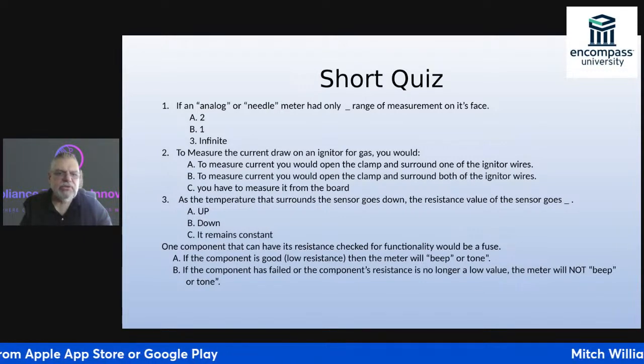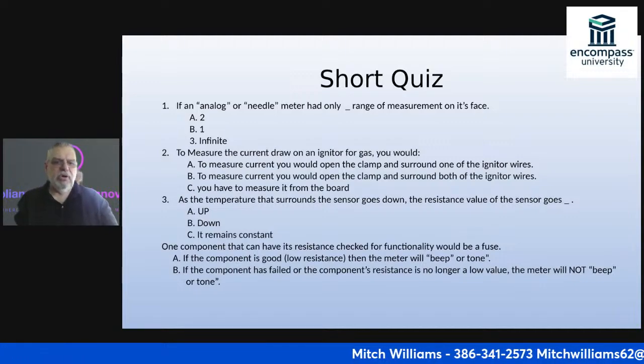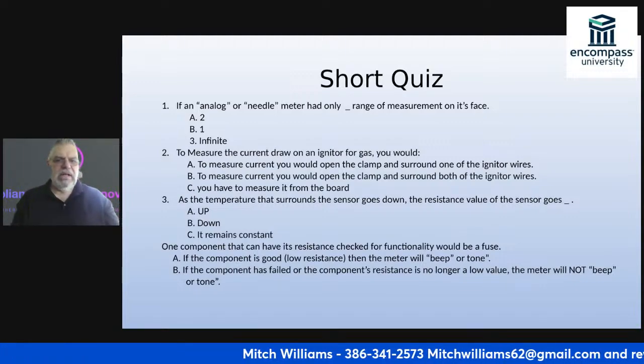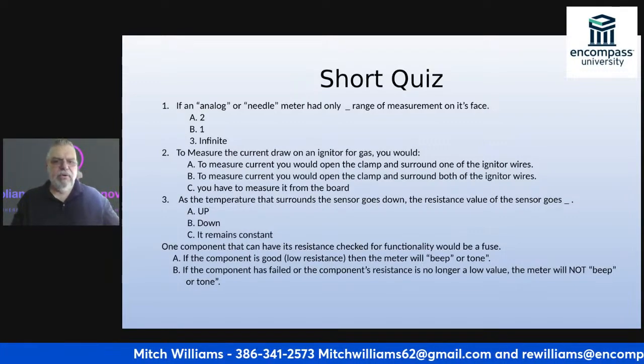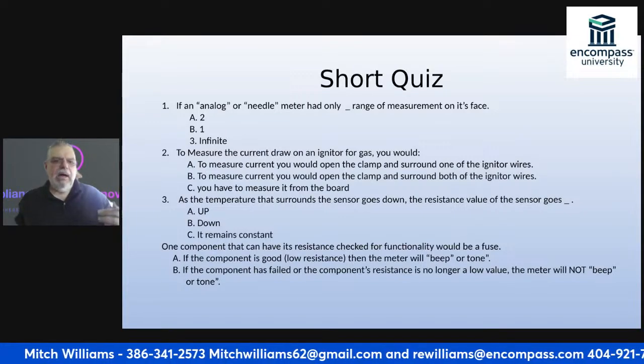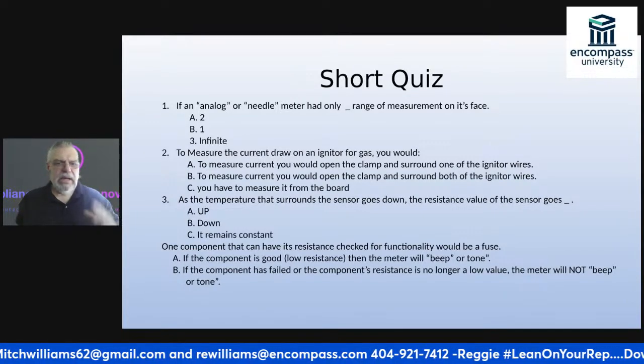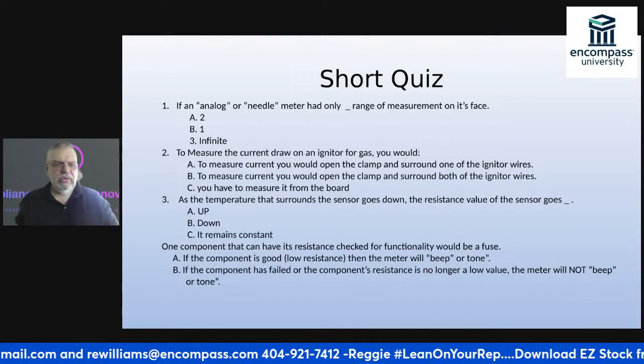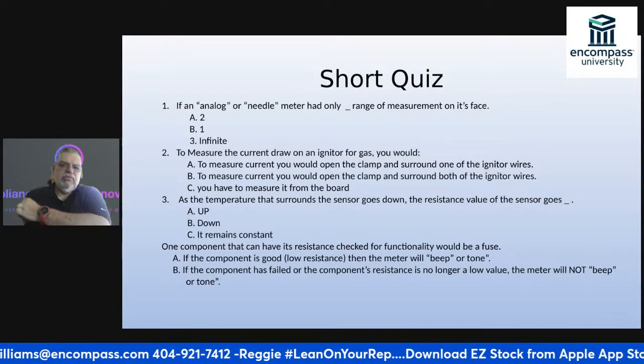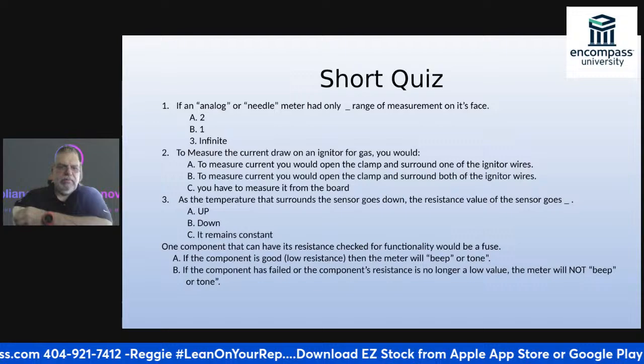Okay. The answer to question 2, the measurement to measure the current draw on an igniter for something that's gas, I would surround one wire. Not 2, 1. And if you try to measure it from the board, you're going to get messed up.